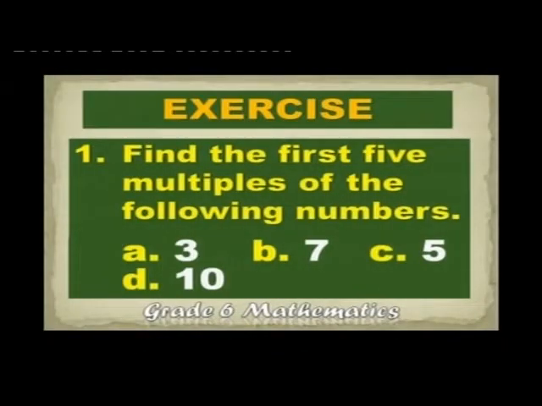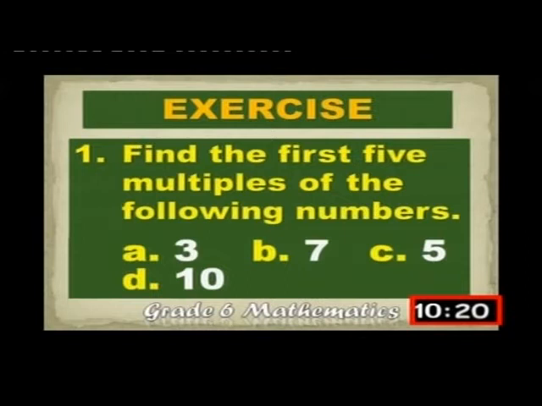Now, your exercise, class, I want you to complete your exercise 1, A, B, C, and D. Find the first 5 multiples of the following whole numbers. You have 3, 7, 5, and 10. Okay, copy this one down: 3, 7, 5, and 10.